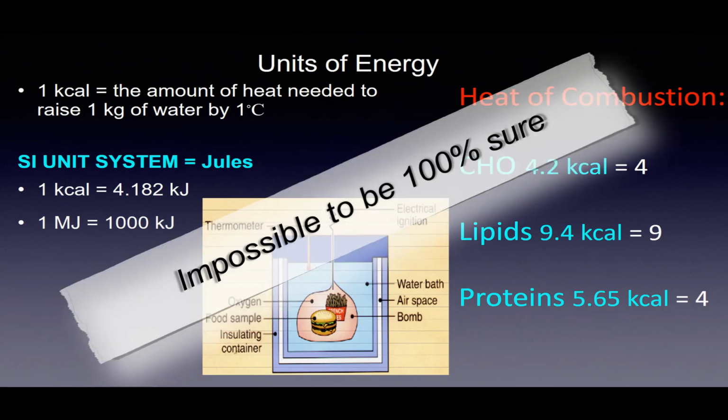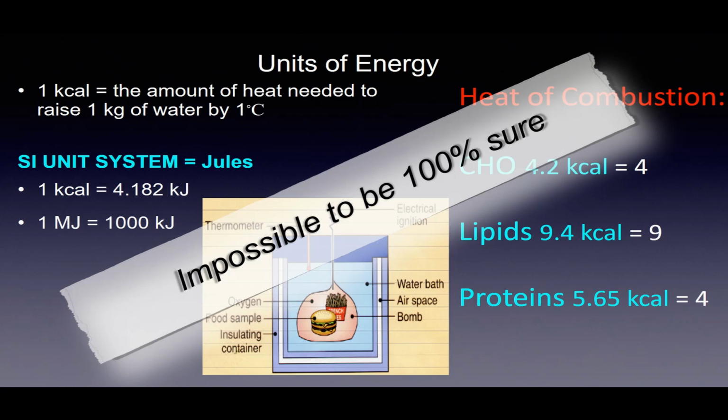However, it's also important for you to understand that it's never 100% certain that the calories you think you've ingested are exactly right. The reason for that is that even this bomb calorimeter, which works out the amount of calories within our food, still differs from food to food.